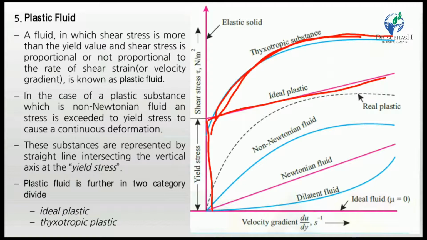So when we apply shear stress to the plastic fluid up to the yield stress, it does not move and no flow is created. After that, if the shear stress value goes beyond the yield stress, then flow occurs in a plastic fluid. Okay.